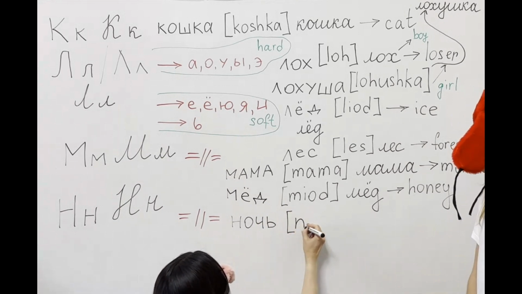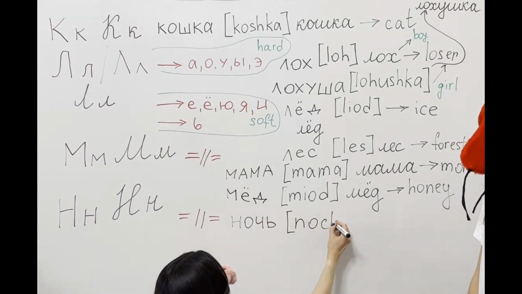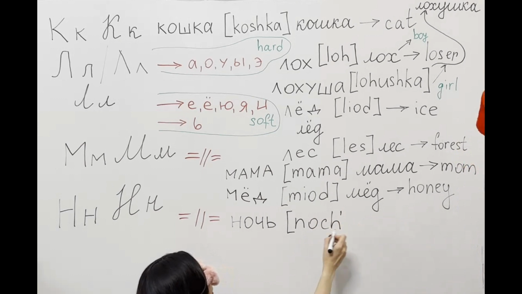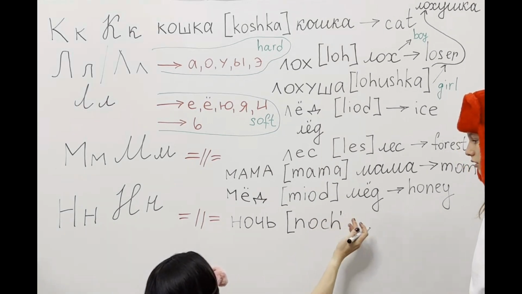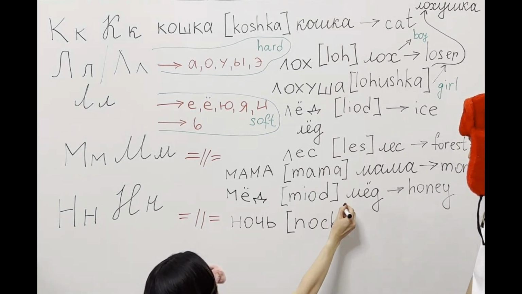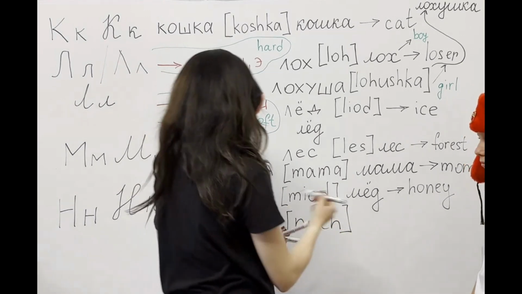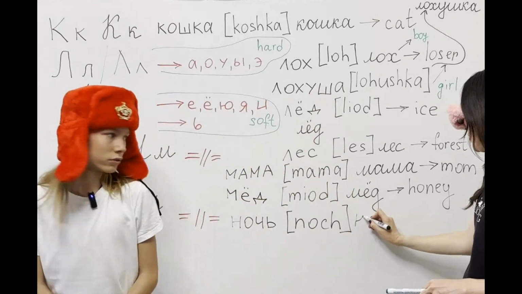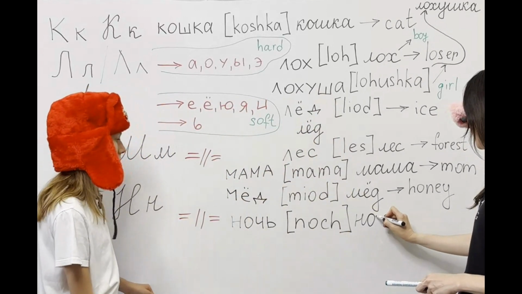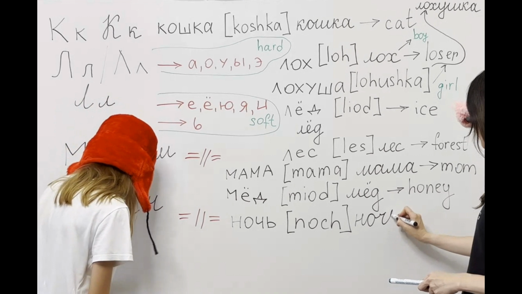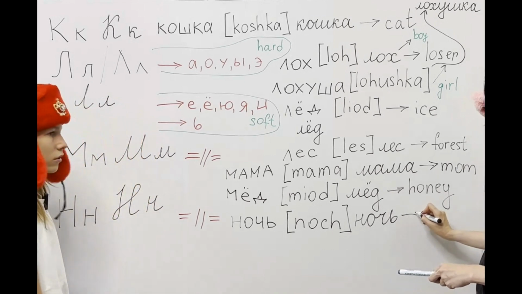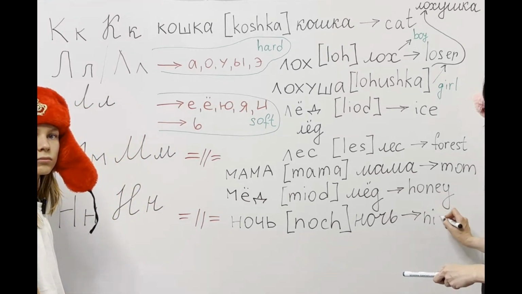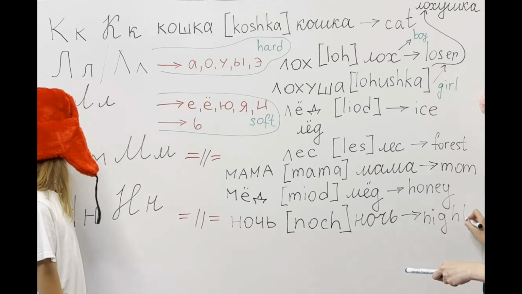The transcription, ночь. We don't need an apostrophe here. The cursive form, ночь, night.